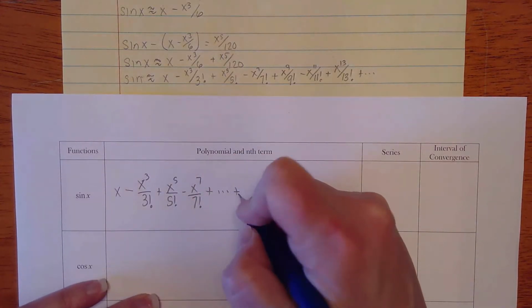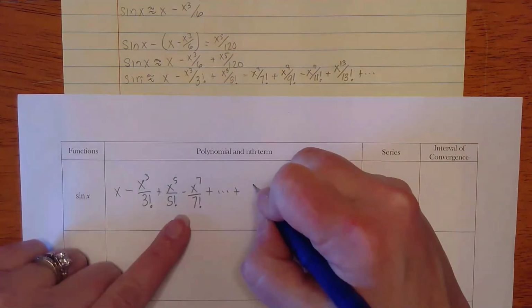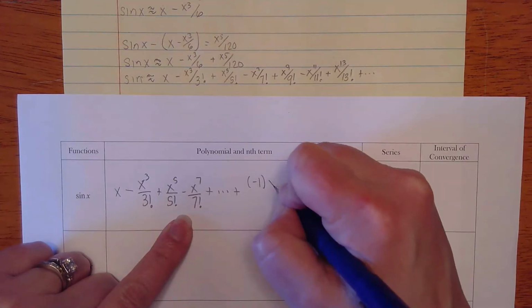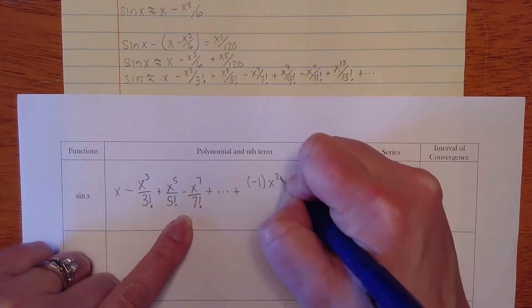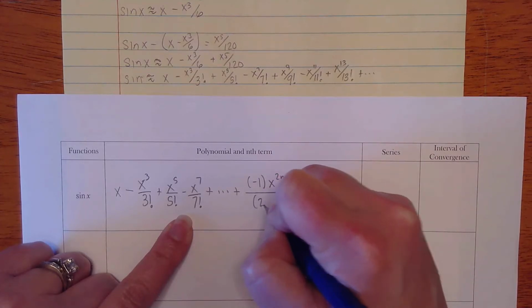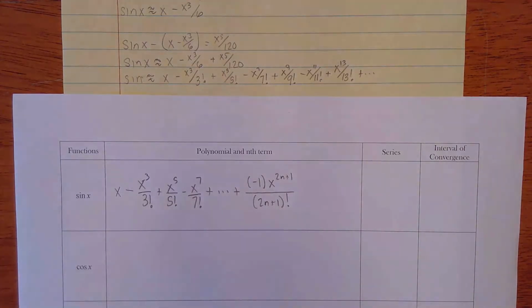Now somebody in class recognized right away, well, we could write an nth term. So, first of all, x to the 2n plus 1. That's how I write an odd number. 2n plus 1 over 2n plus 1 factorial.